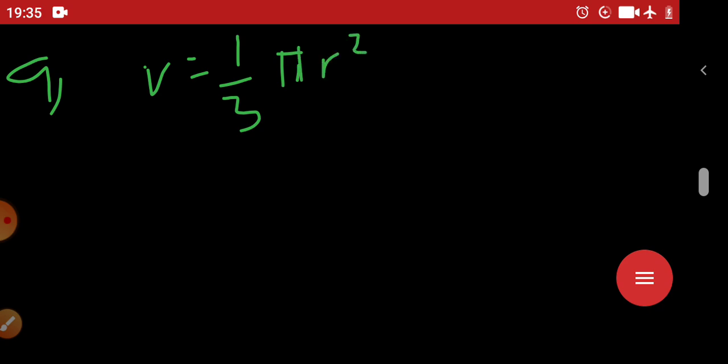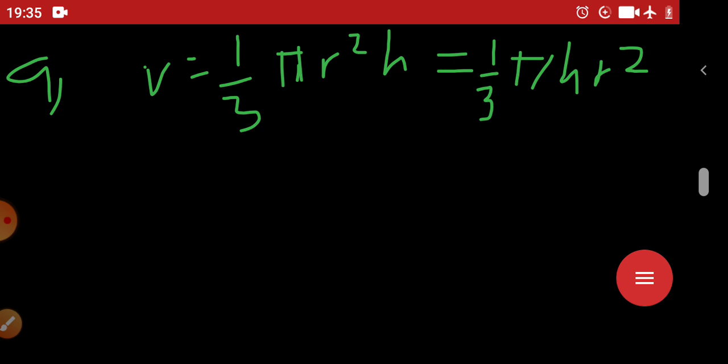In A, we have V is equal to 1 over 3 times pi times r squared times h. We need to make r the subject of the formula. It would be convenient to rewrite this and put the r at the back. Please watch this carefully.